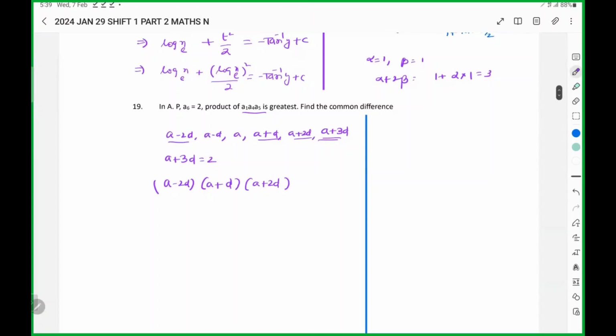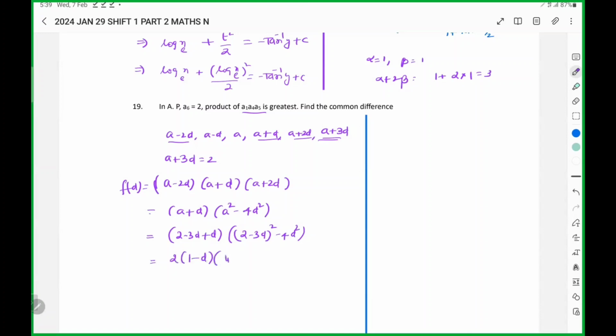Maximization or minimization, this function we should make as a function of a single variable. So first of all, A here is 2 minus 3d plus d, 2 minus 3d whole square minus 4d, 2 times 1 minus d, 4 plus.